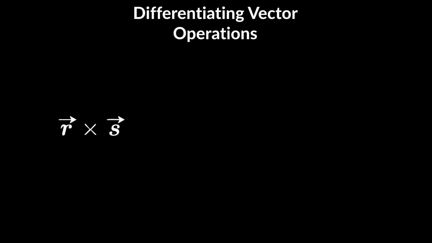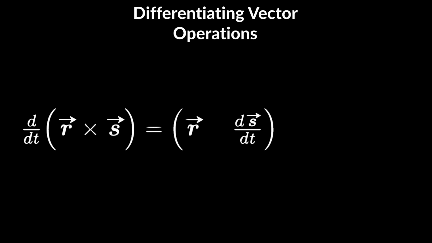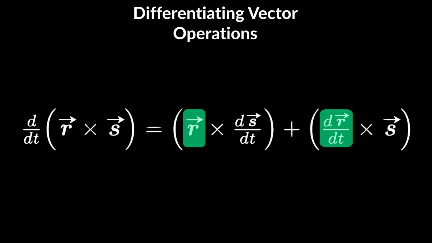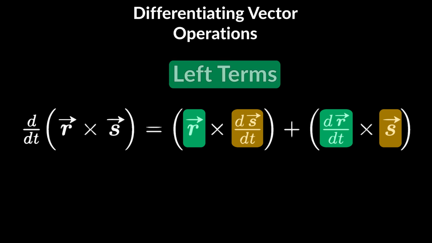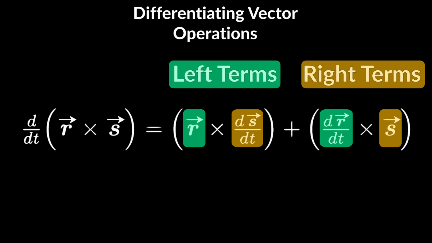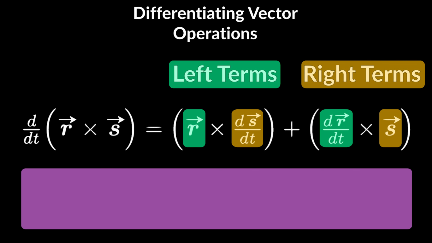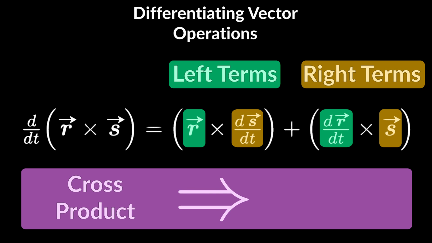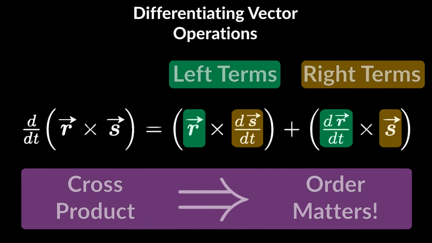Now, one last interesting point is that if we have our two vectors and we take the cross product and then differentiate with respect to time, well, once again we get the product rule form out, but with the cross product in the middle. But there's an important caveat here. The terms have a specific order, in that the original r cross s, whatever vector's on the left, the outputs must also be on the left, and similarly with the right terms.